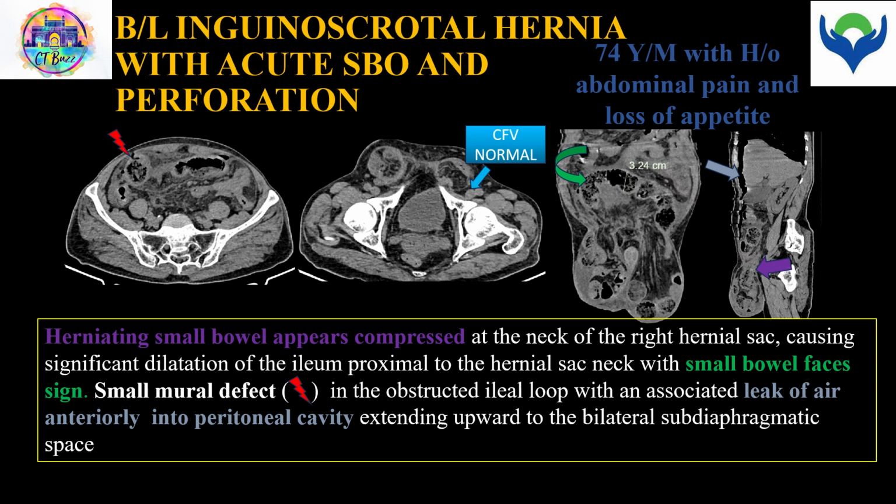Here we can see herniating small bowel loops which are getting compressed at the neck of the right hernial sac, causing significant dilatation of ileum proximal to the hernial sac with the small bowel feces sign, and there is also a small mural defect which is seen in the obstructed ileal loop with an associated leak of air anteriorly into the peritoneal cavity, extending upwards to the bilateral subdiaphragmatic region.